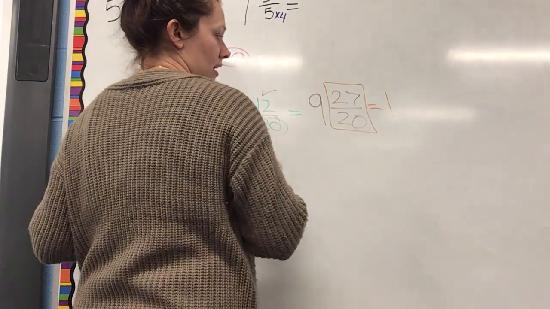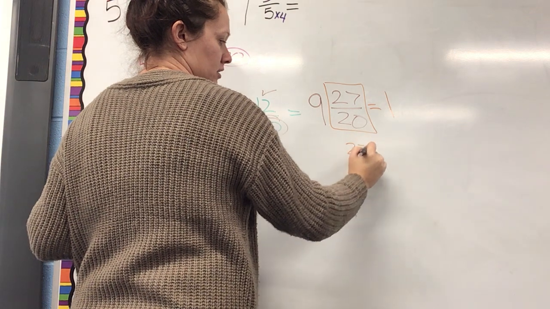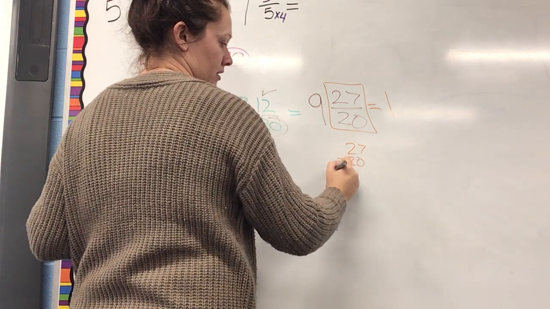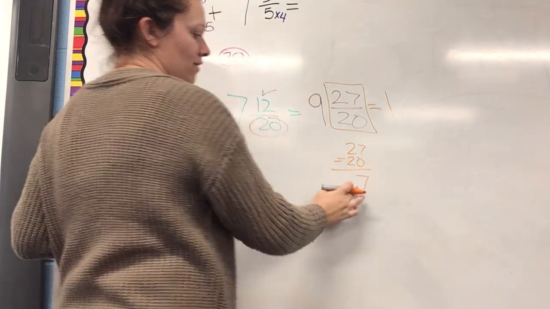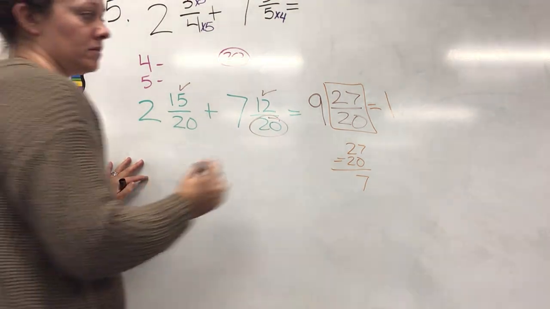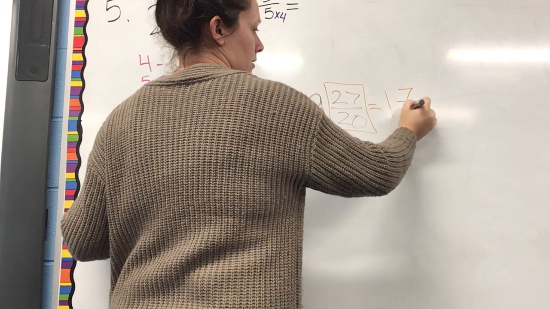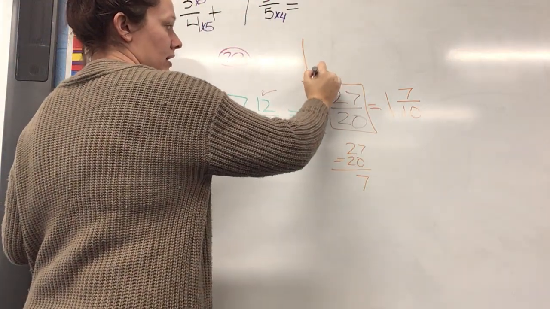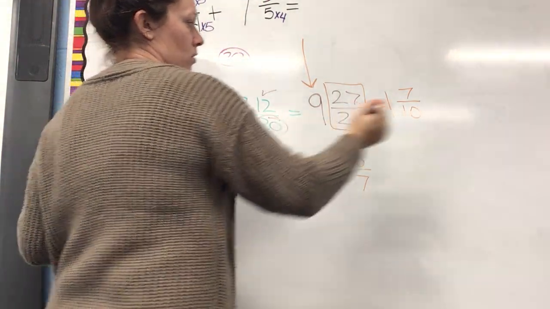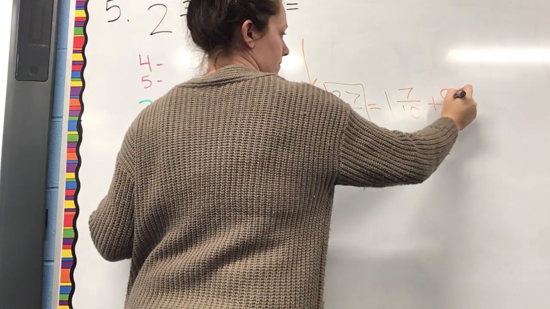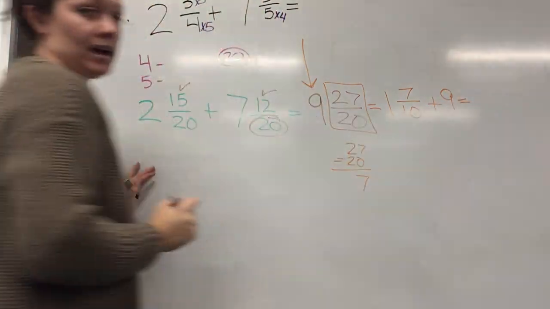And then how many left over? 27 minus 20. 7 left over. That 7 becomes our what? Numerator. And my denominator stays the same. But I still now need to add to it my whole number of 9 to give me a final answer.